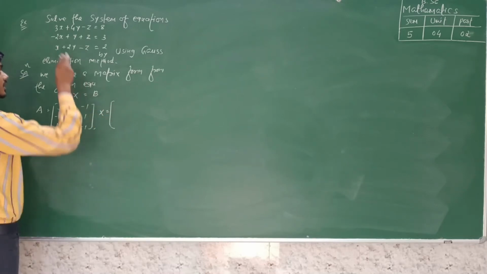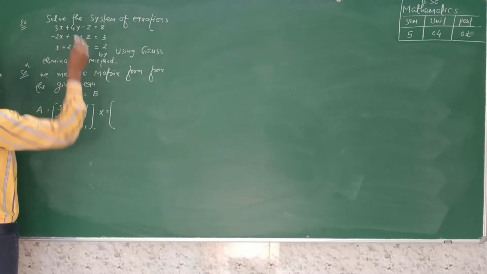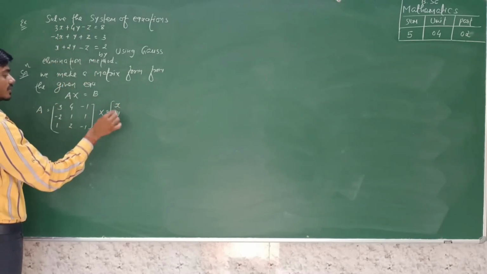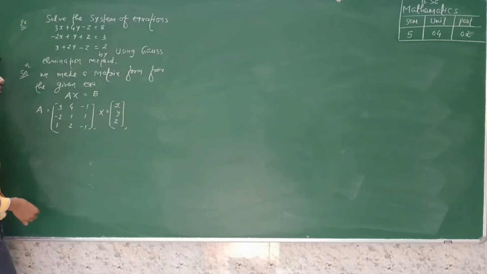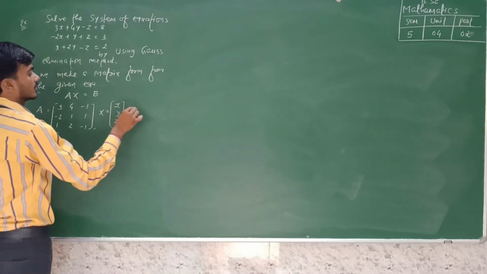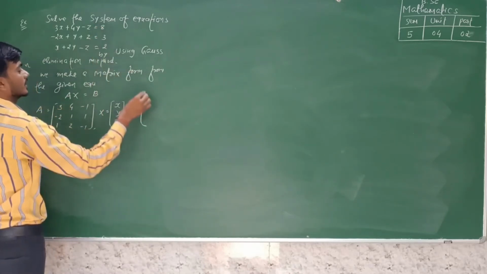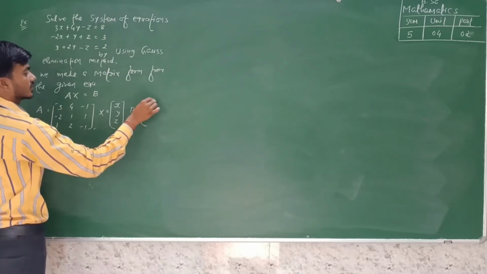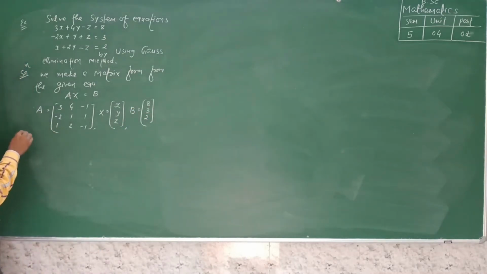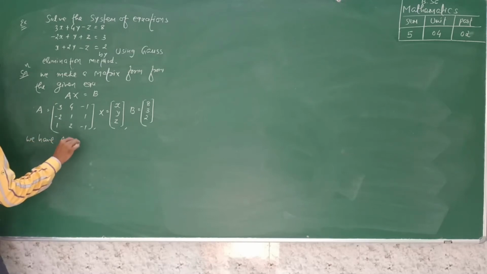X has three unknowns, so the matrix X contains x, y, z. The B matrix is 8, 3 and 2. So we have an augmented matrix.